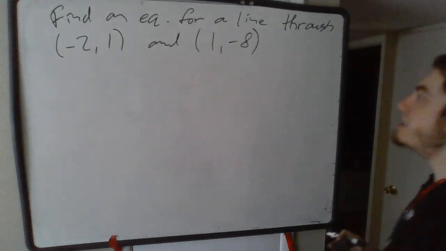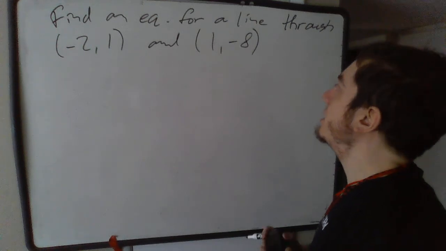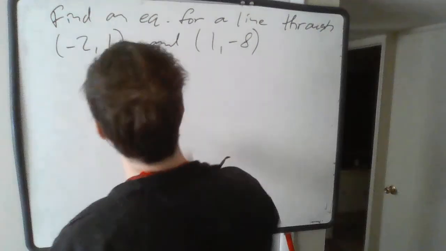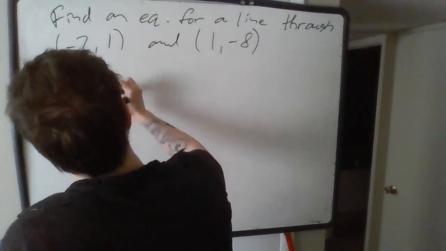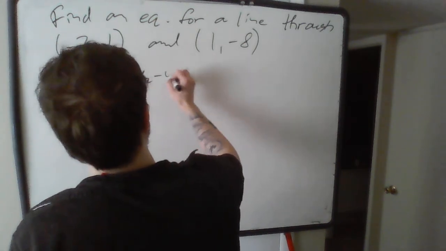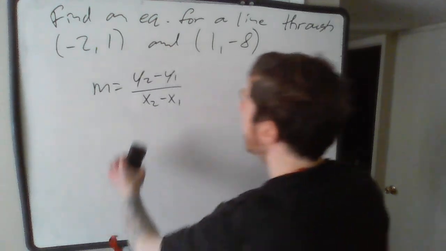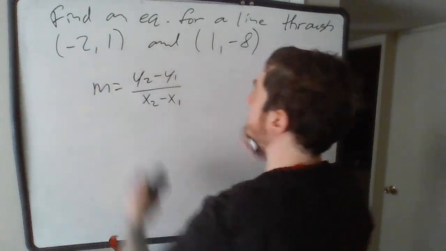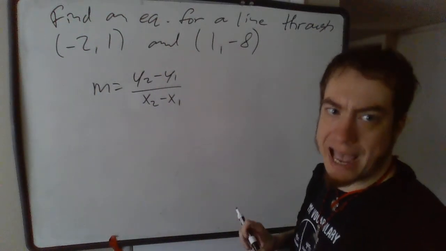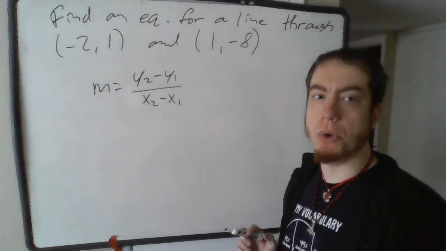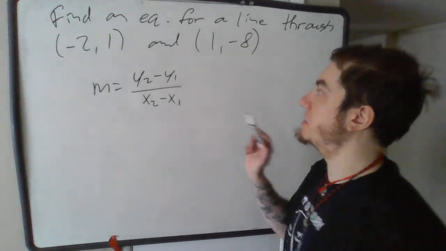Well, the way that we're going to go about doing this is we can remember that the slope is equal to y2 minus y1 over x2 minus x1. I can pick either of these points as point 1 and then the other point as point 2 and use that to compute the slope.